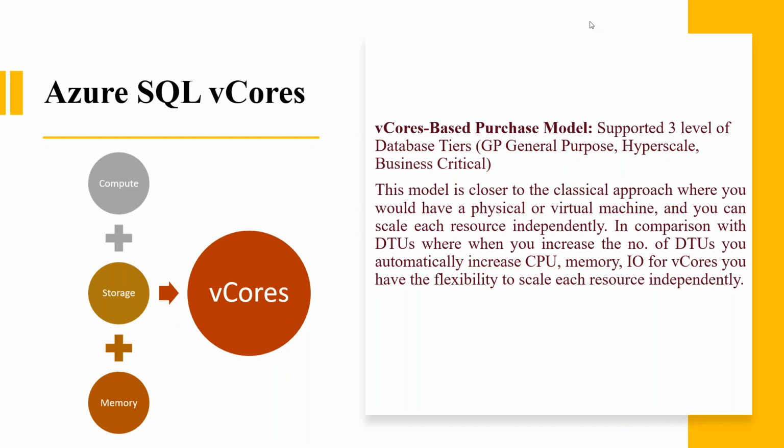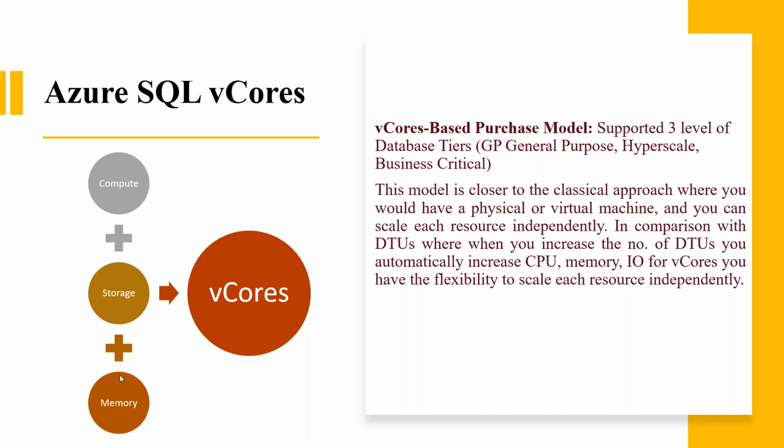But when you go for the DTU purchasing model, it is a blend, a measure of CPU and memory, so there is a dependency. This is the main difference. CPU, storage, and memory work independently when you go for the vCore purchasing model, like the classic approach.